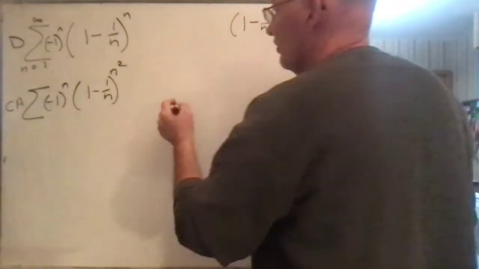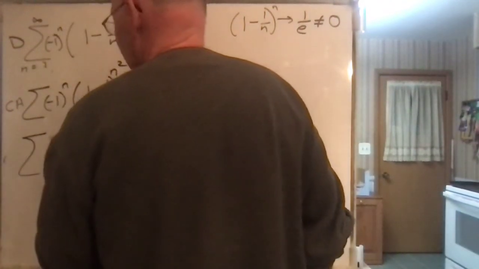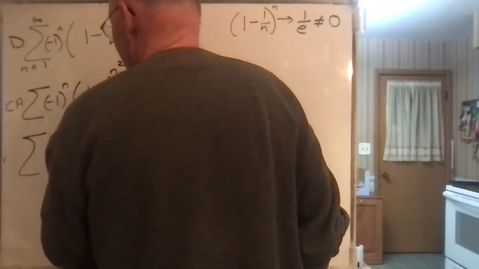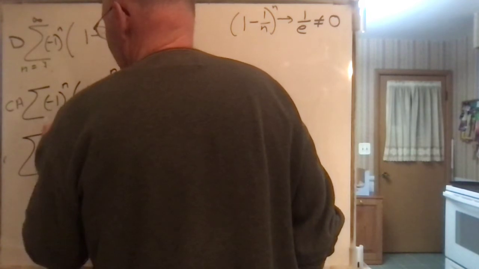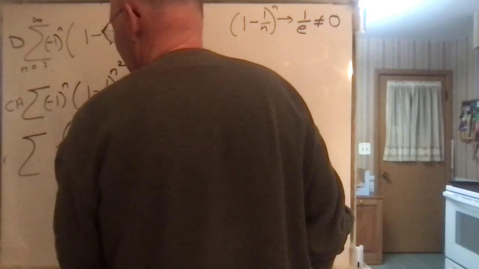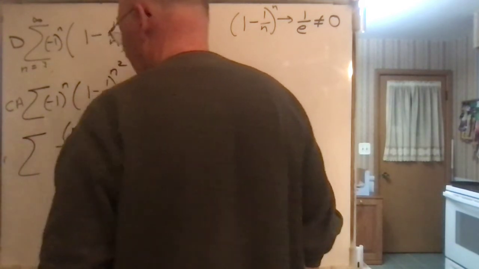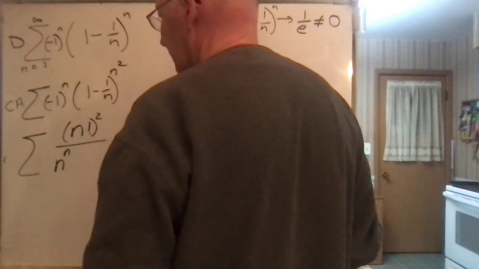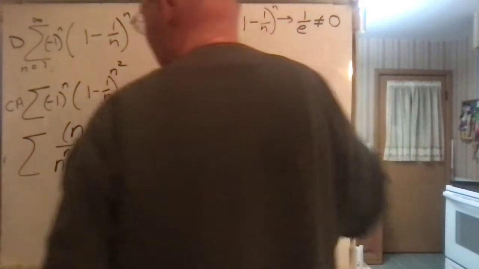Oh boy, you just go crazy with this stuff. Let's see. How about this one here? How about n factorial squared? I kind of like that one. Over n to the n.